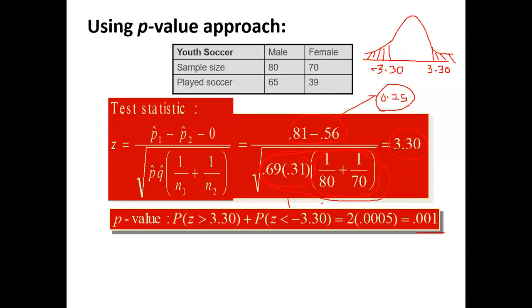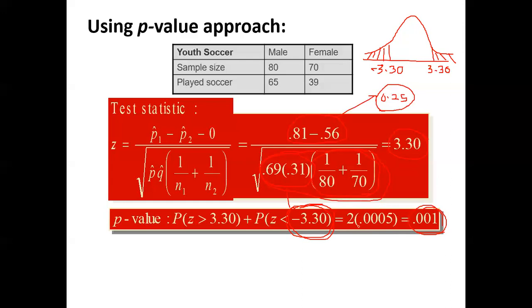So now, when you refer to the standard normal table for the z value of negative 3.30, you will get the answer 0.0005. Then when you times by 2, you will get 0.001.